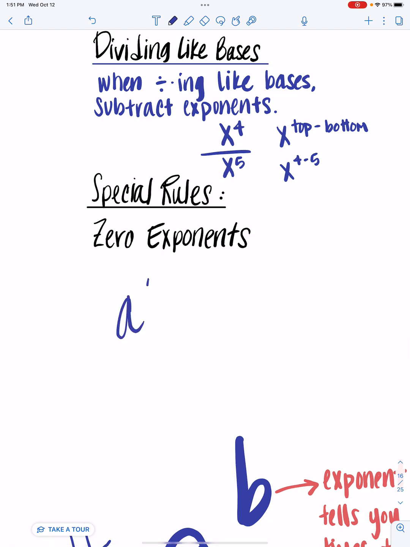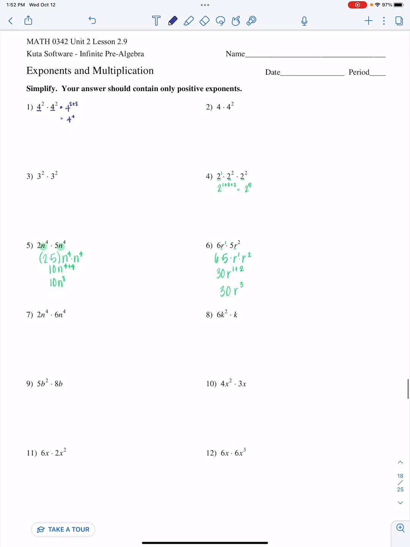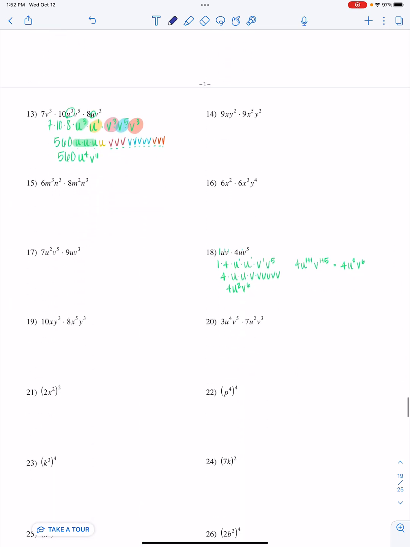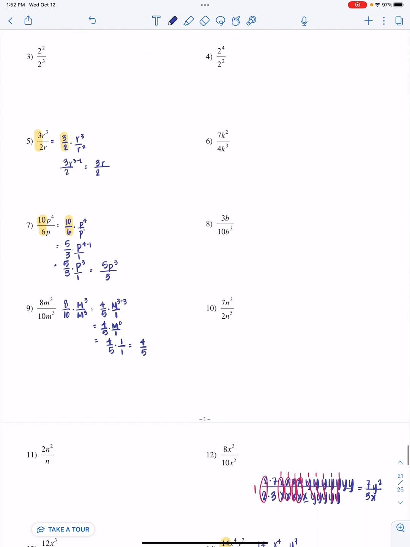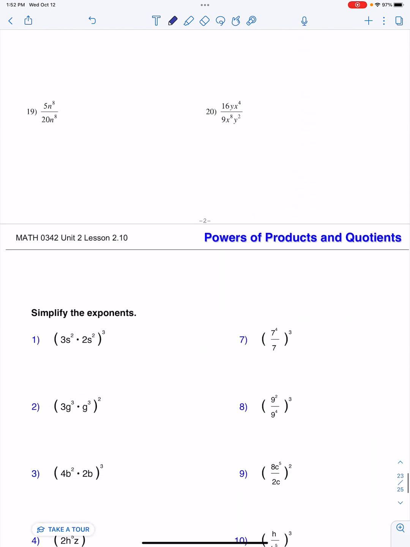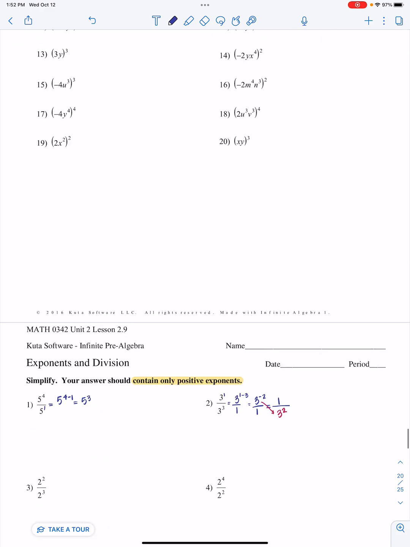So anything to the 0 power is 1, and a is any number that you can think of. I'm going to flip through very quickly. If it makes you dizzy, close your eyes for a second. Make sure we hit everything I wanted to hit. I do believe so. We'll save the rest for another time.